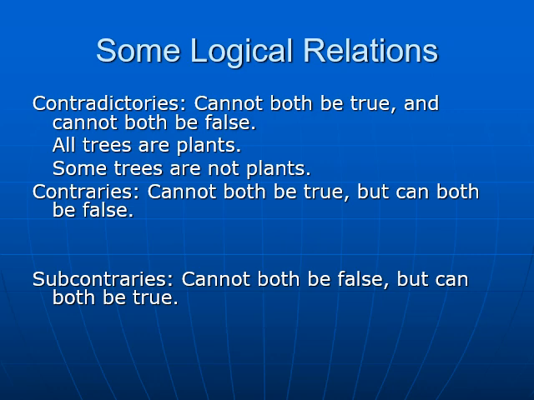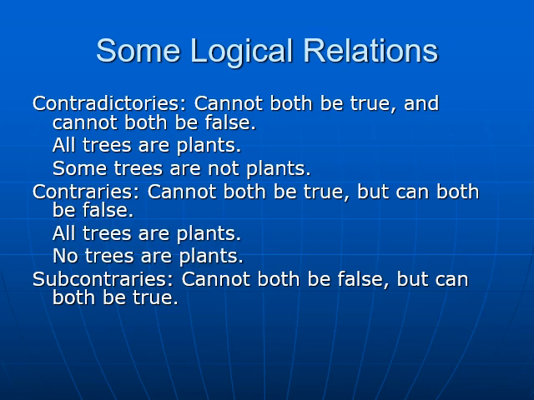Now let's go on to contraries. We said they cannot both be true, but they can both be false. Look at this example. All trees are plants, and no trees are plants. Those are contraries. The idea here is they can't both be true.